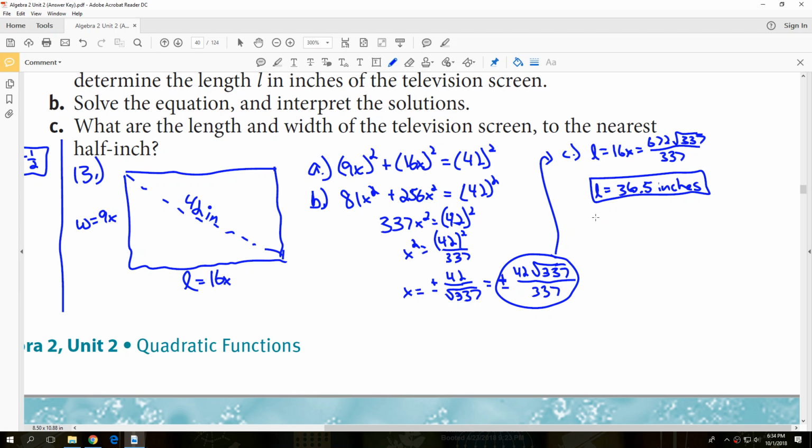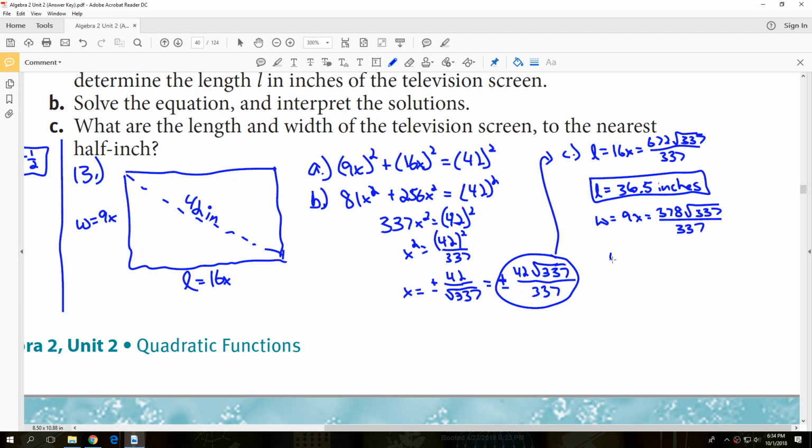And the width is equal to, well, we said that's 9 times x, which is equal to 9 times 42, which is 378, times the square root of 337 divided by 337.